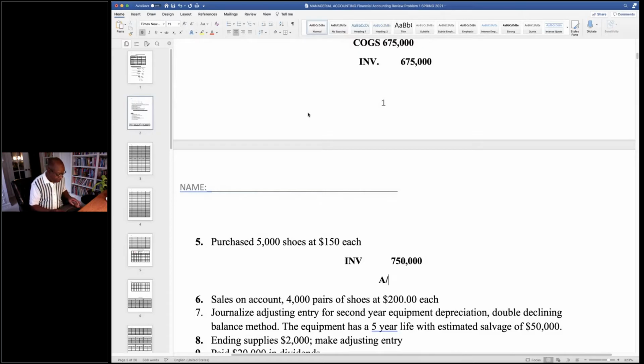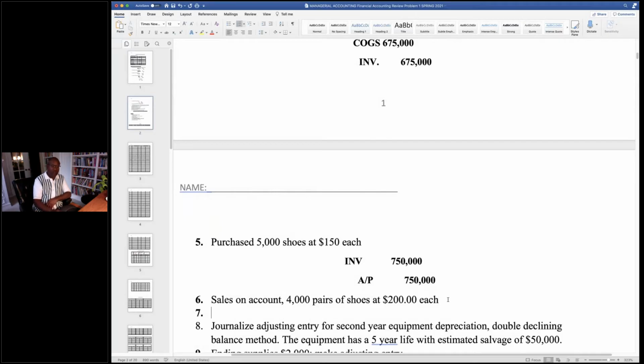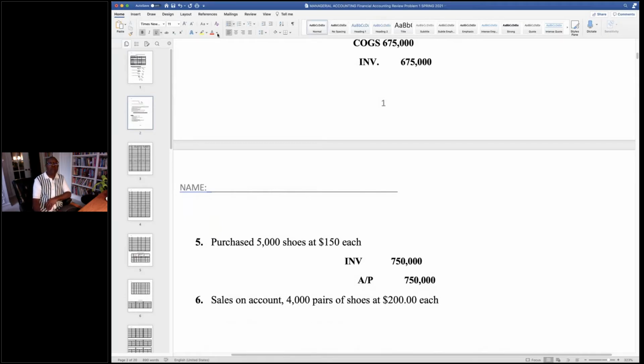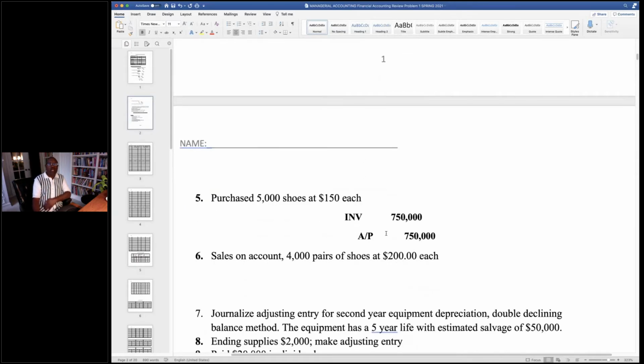Credit accounts payable. Then what happens next? We're going to sell 4,000 pairs of shoes at $200 each.